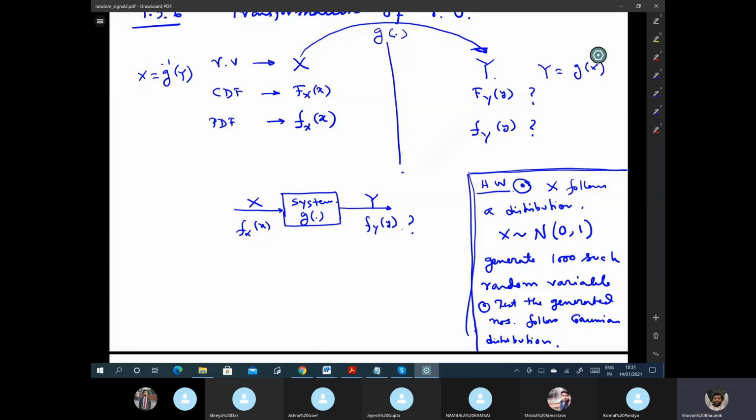So if you have a cloud of X, you can use the function to get a cloud of Y, and then just histogram it, very crudely, to see how the PDF looks, and you can check by your calculation whether it is the same.